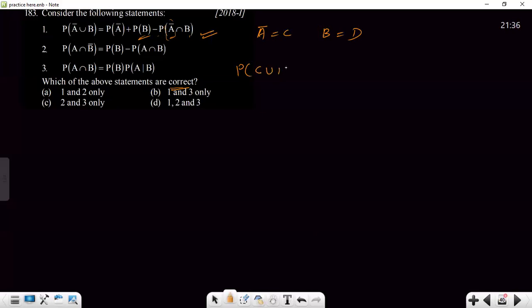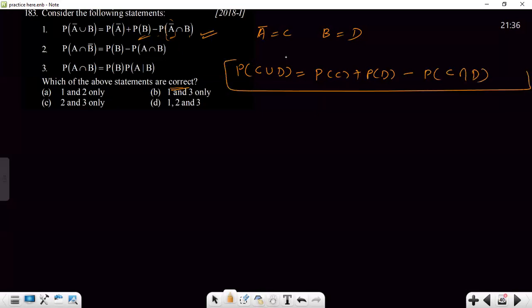So probability of C union D equals probability of C plus probability of D minus probability of C intersection D. Now this is a formula, right? So if the formula is written here in some different format, then it is definitely correct. Clear? Yes, sir, this is just a formula.